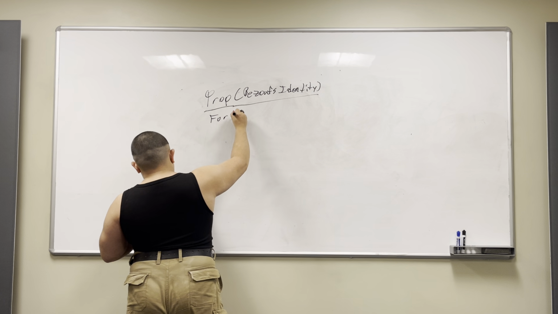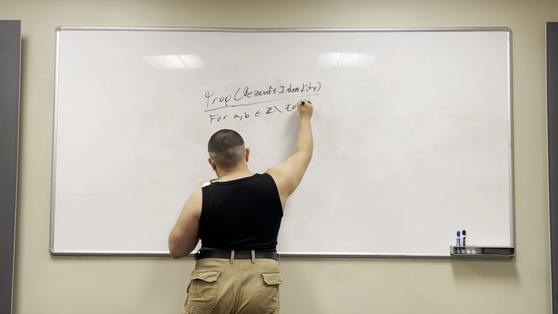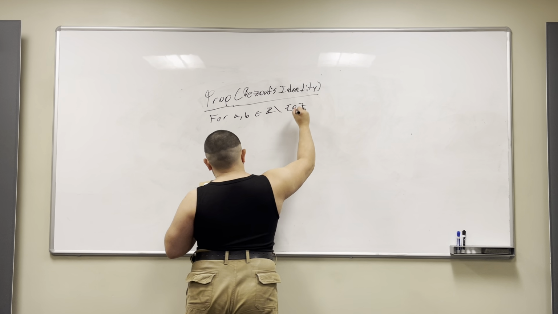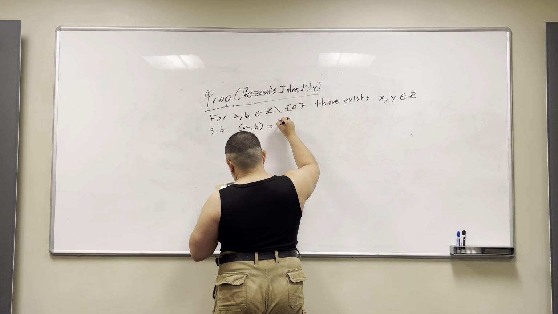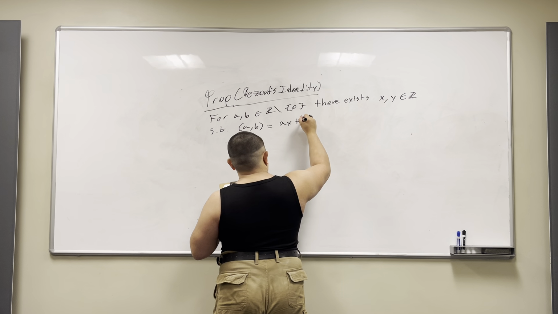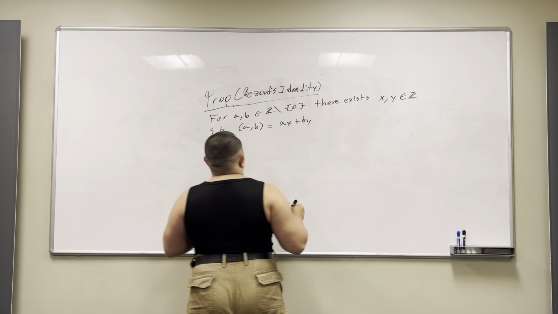For a, b within the integers, with the exclusion of 0, there exist x, y within the integers such that the ordered pair (a, b) is equal to ax plus by, where we're just going to use this ordered pair to denote the greatest common divisor of a and b.